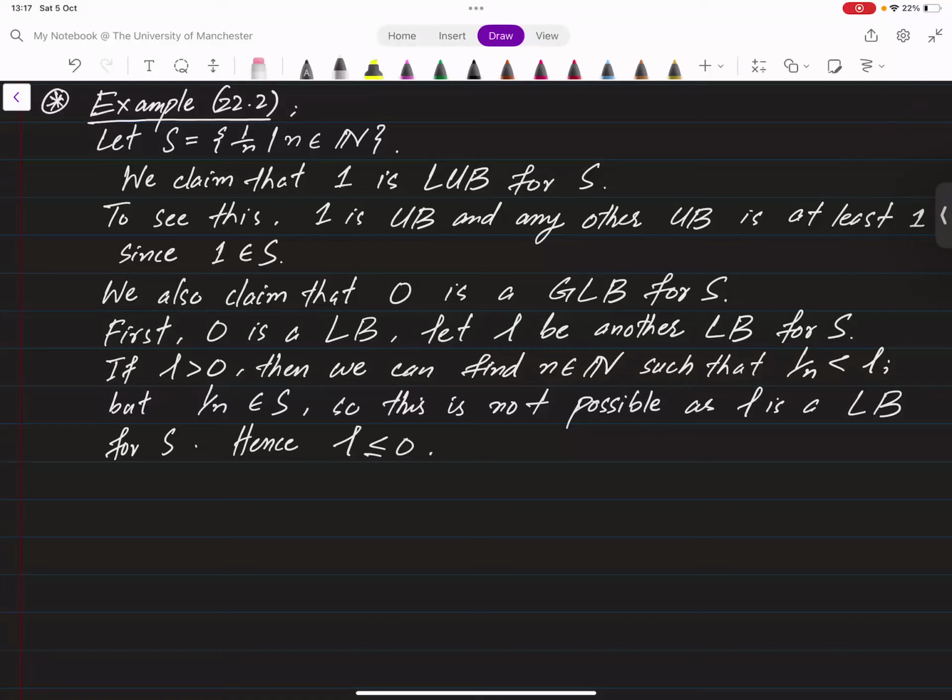Okay, and this proves that 0 is the greatest lower bound.